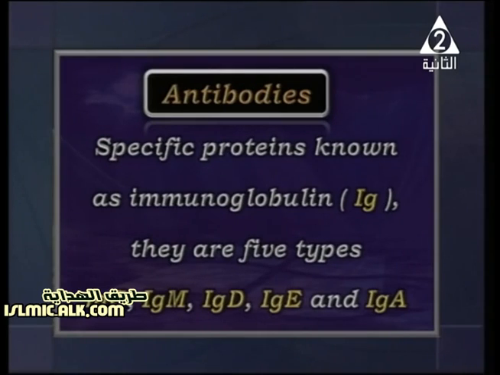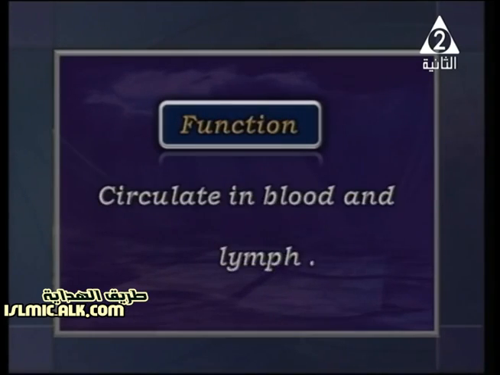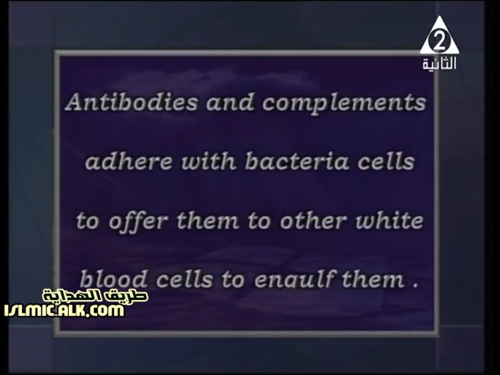What about the main function of the antibodies? Well, they circulate in the blood and lymph, together with the complements. Do you remember the complements? As we said, they are a group of assisting chemical substances inside your body. The antibodies and the complements adhere, meaning they stick to the bacterial cells, to offer them. What does it mean to offer them?